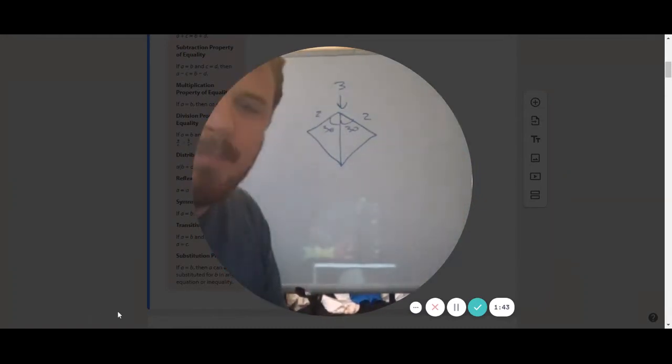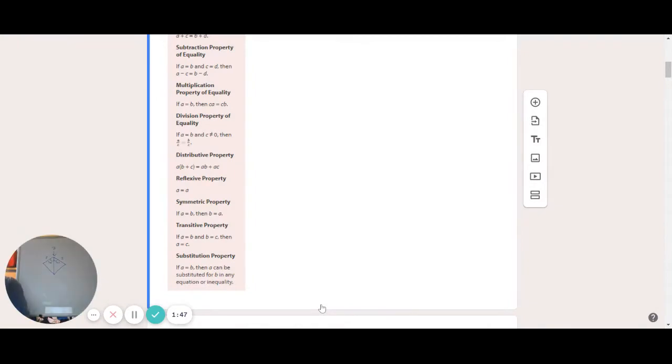That's where reflexive property will come up and make a lot of sense right there. Okay, so with that reflexive property, that doesn't make quite as much sense for what we're doing today, but it will come up later when we're actually using geometry, doing shapes.